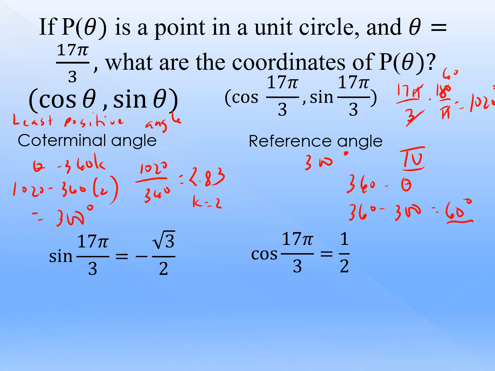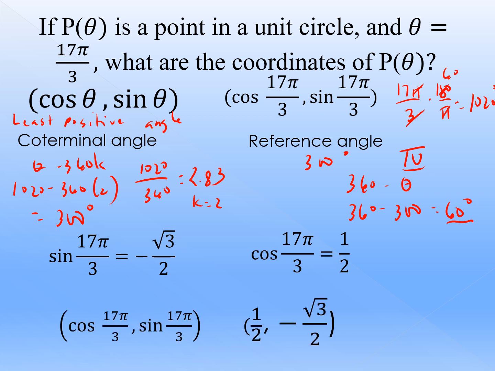Since it falls in quadrant 4, only cosine and secant are positive. That's the reason why cosine is positive and sine is negative. Therefore, the coordinate is 1/2 and negative square root of 3 over 2.